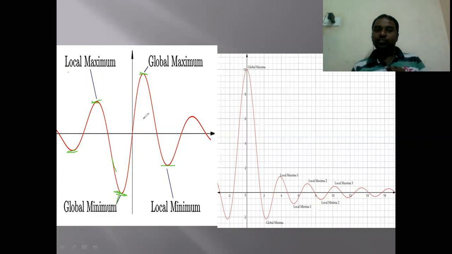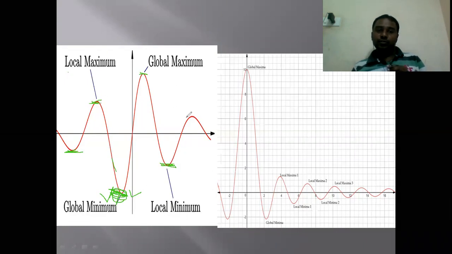If this point is the lowest throughout the complete function, then it is called the global minimum. If you substitute this value in the function, we get the minimum value of that function. This other one is also one of the minimums, so these two we call local minimum.